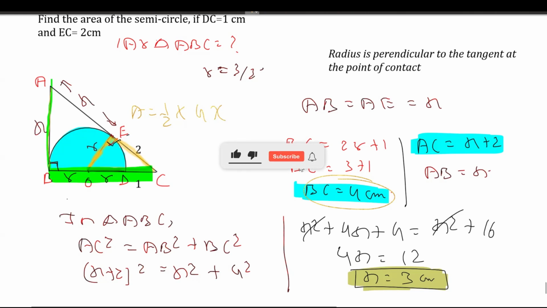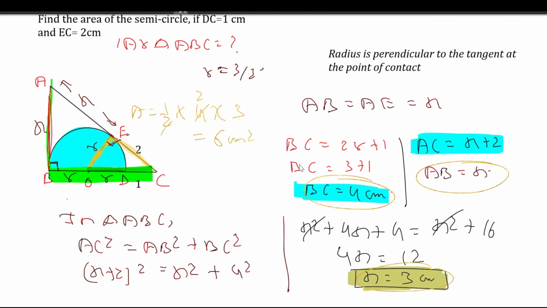AB, right? Altitude is this AB, and as you can see, AB is 3. So we can cancel this, and we get the result as 3 into 2, that is 6 centimeter square, right? So we got the area of this triangle as well as 6 centimeters square.